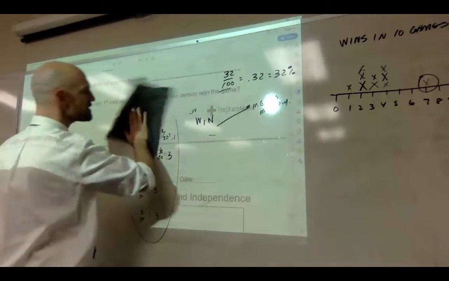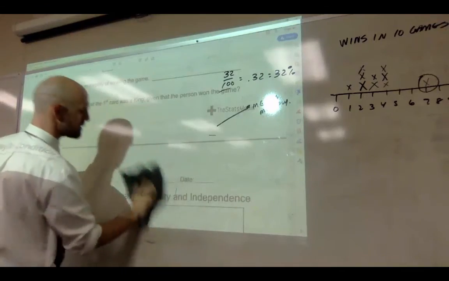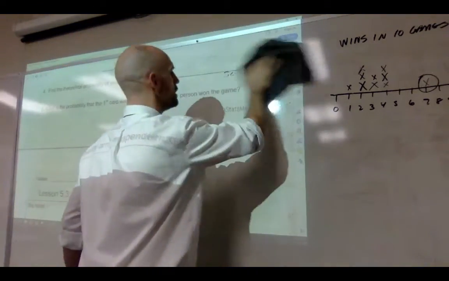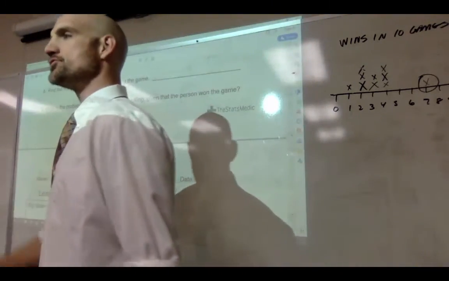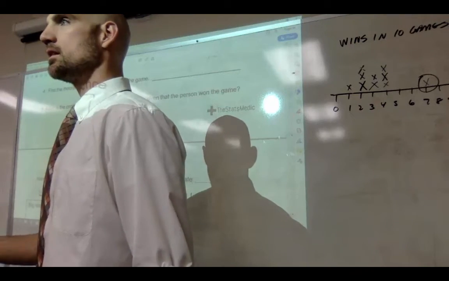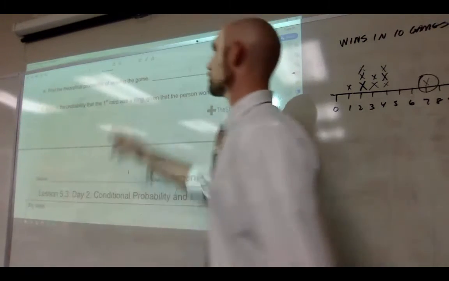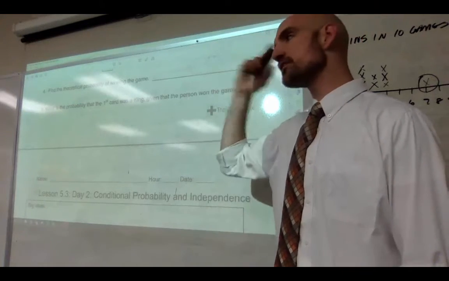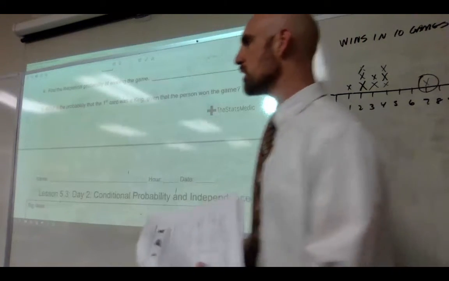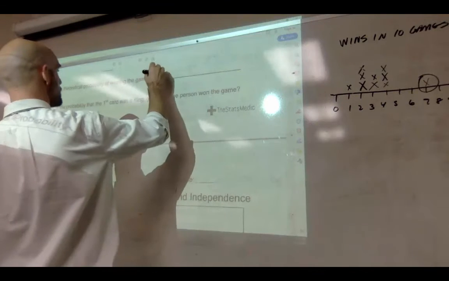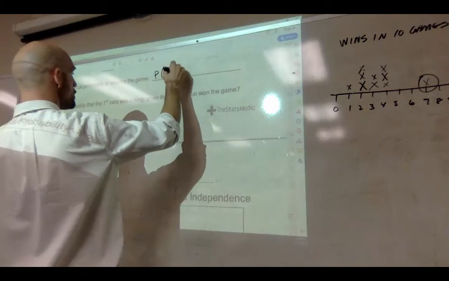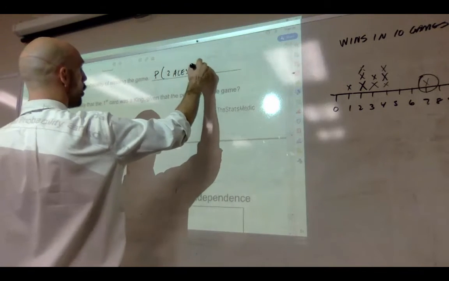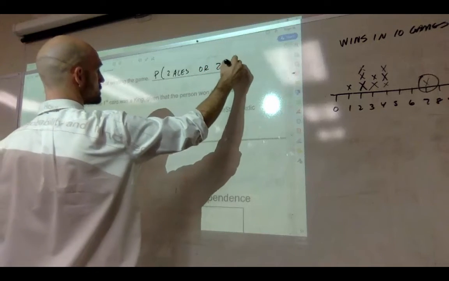Think about yourself, and this is the hardest part for people studying probability. You have to visualize yourself doing this activity. Because they're going to ask you find the theoretical probability of winning the game, and people are like, well, I don't know what to add. You got to put yourself in the game and think, well, what would it take to win? That means it's the probability of 2 aces or 2 kings.